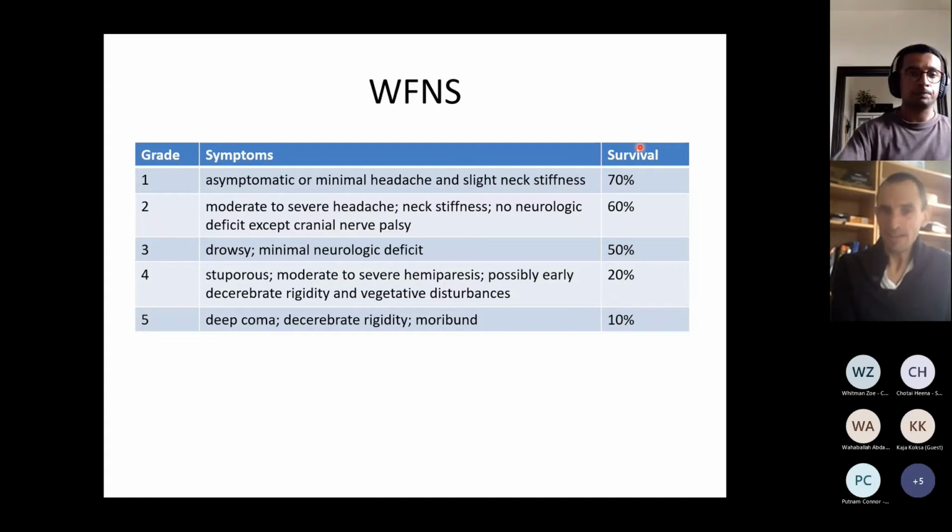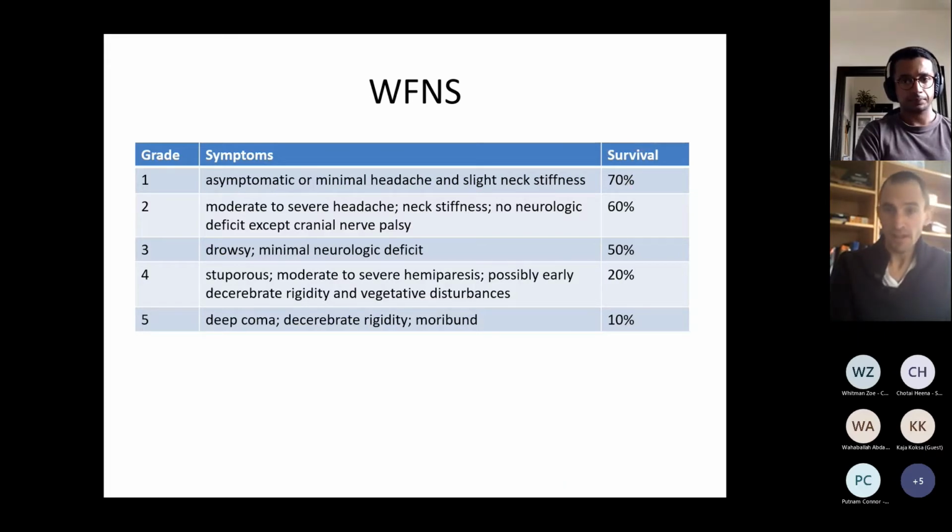To some extent, I'd argue that survival is almost immaterial. The thing that I think really matters to the patient is disability, because for me, as an intensivist, if we leave a patient in a state worse than death, where they're significantly disabled, not able to do any of the things that they would want to do, I would argue that we've done that patient a disservice.